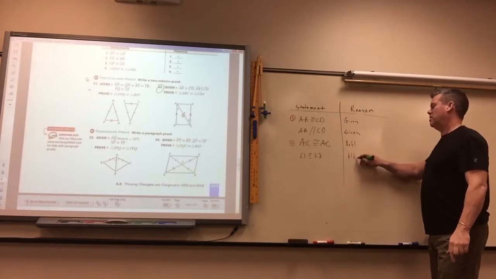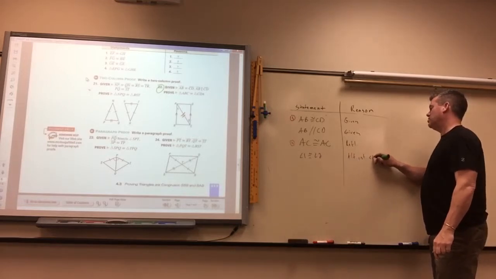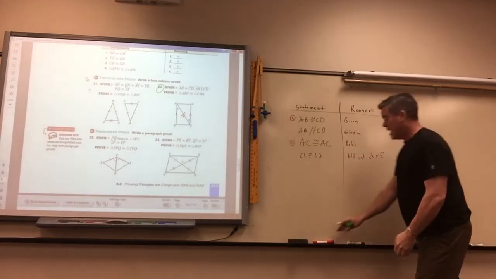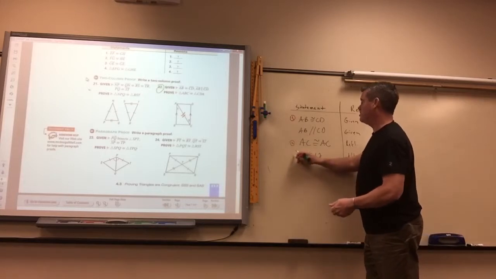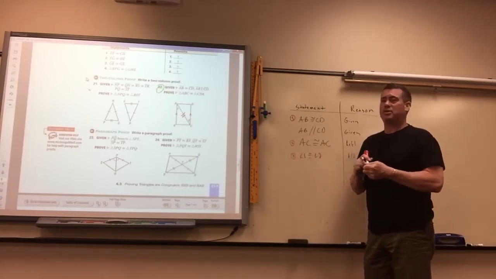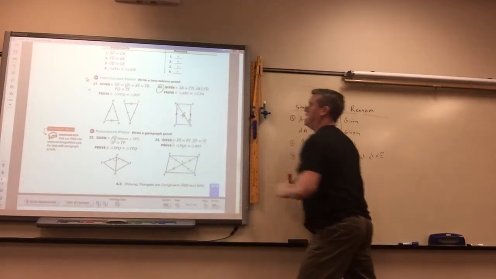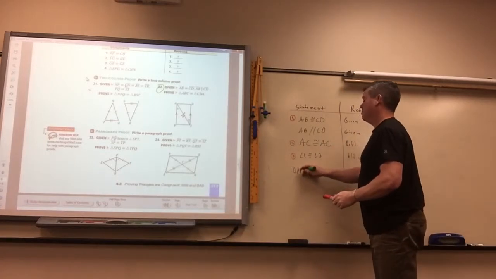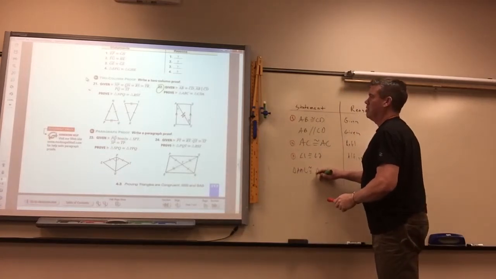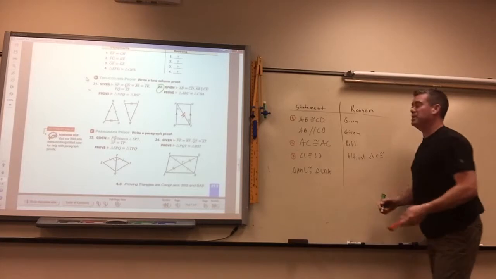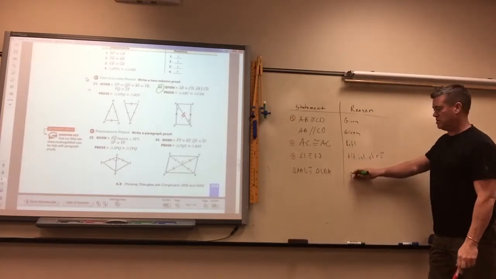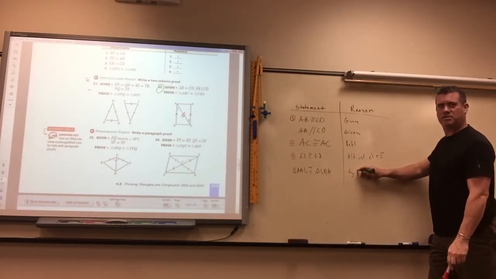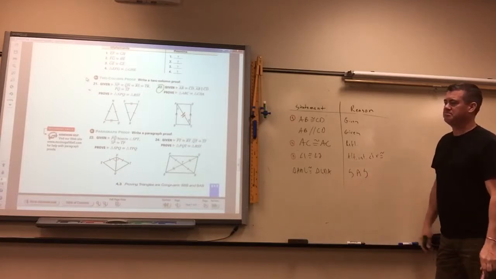Alternate interior. Alternate interior angles are congruent. And there I've got my 3 things. So once you have your 3 things, you put your proof statement in last. And the reason why they're congruent is SAS.